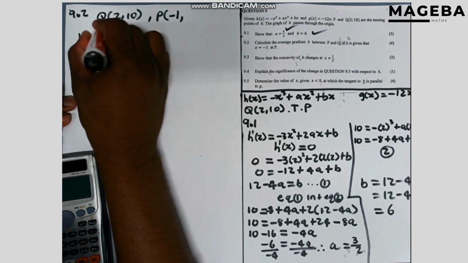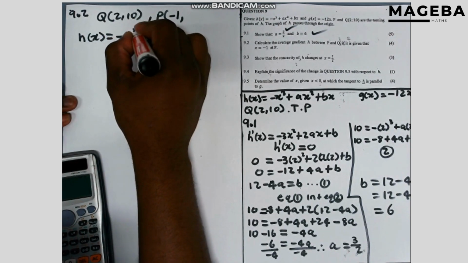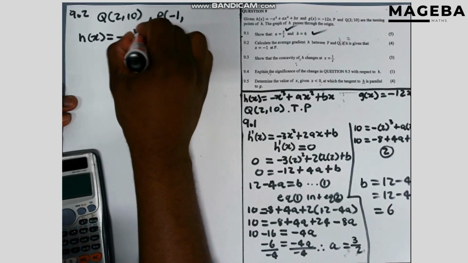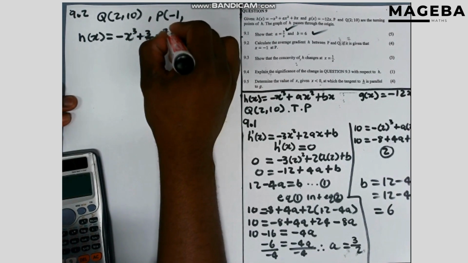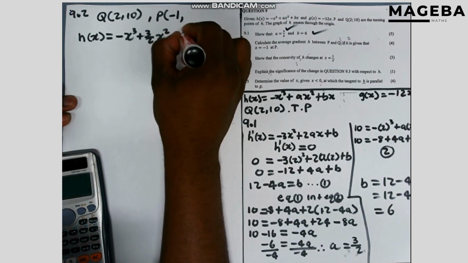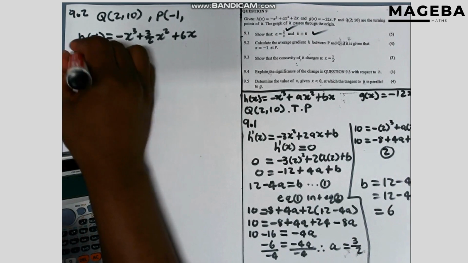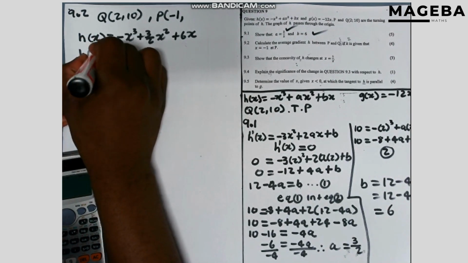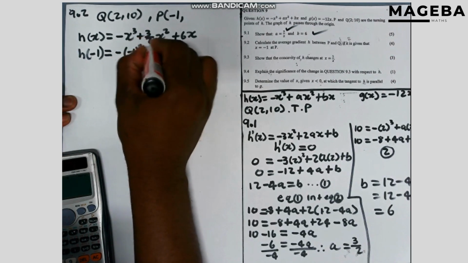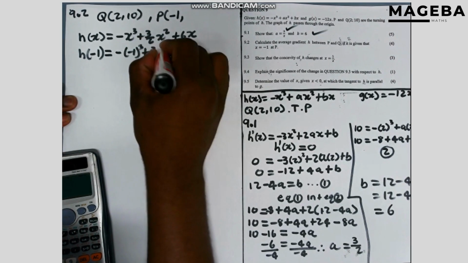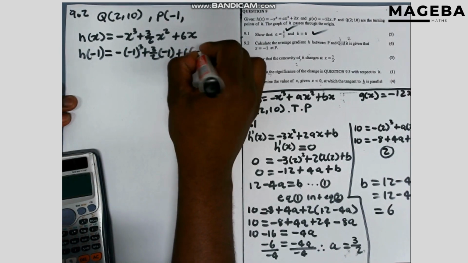Now we've already found the unknowns, so the equation is negative x cubed plus 3 over 2 x squared plus 6x. At x equal to negative 1, it's negative into negative 1 cubed plus 3 over 2 into negative 1 squared, and then plus 6 into negative 1.